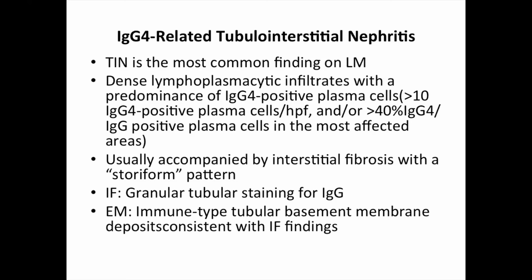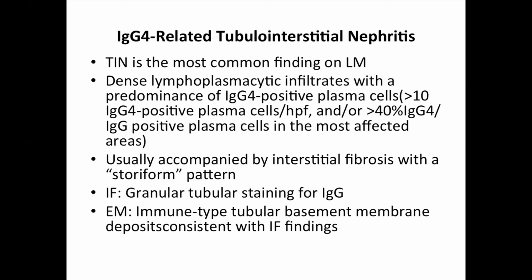Sometimes we may even have an association with IgA nephropathy, but this is extremely rare. Just keep in your mind that you will have tubulointerstitial nephritis. This is a classical case, and this is what I have seen.